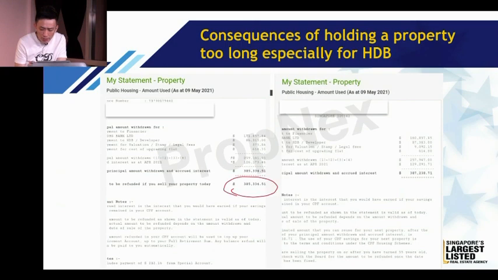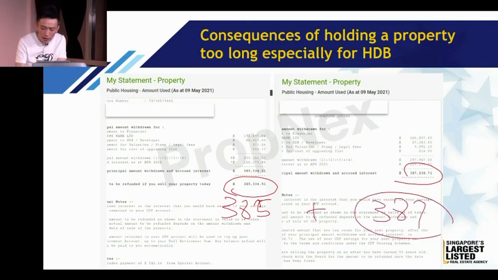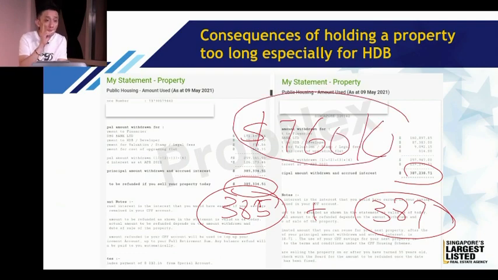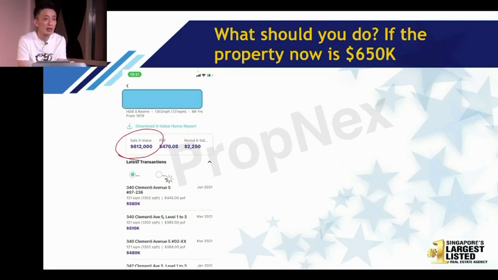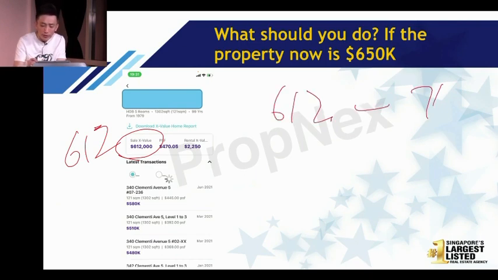And you see his CPF refund is 385 plus 387. These two added together easily come to 760,000 in order to break even. But the property valuation at that point in time was only 612. That means 612 to 760 is the break even.